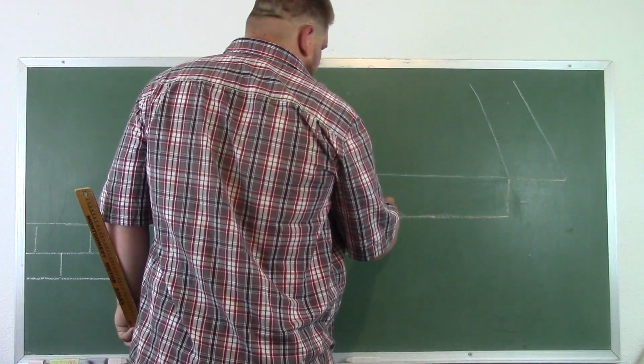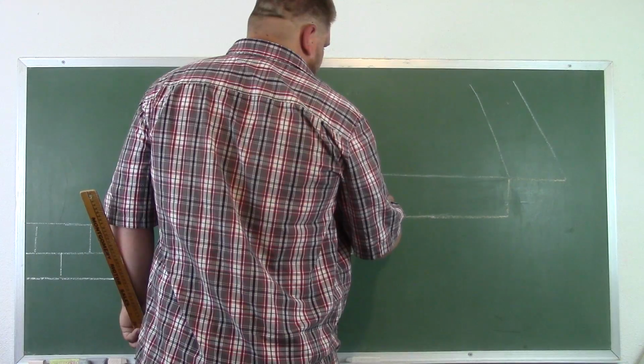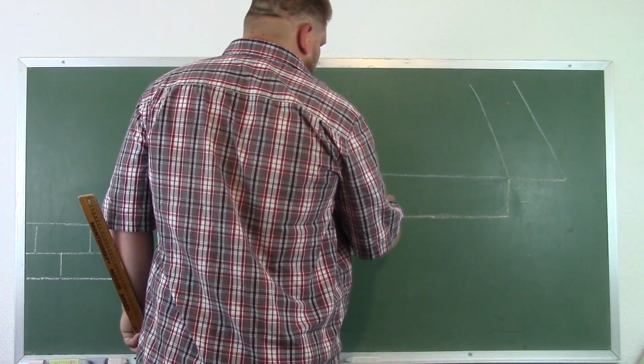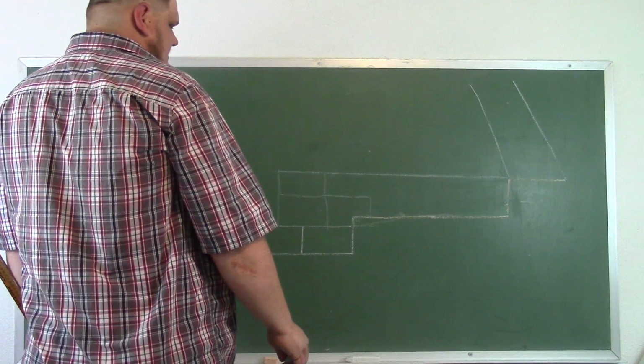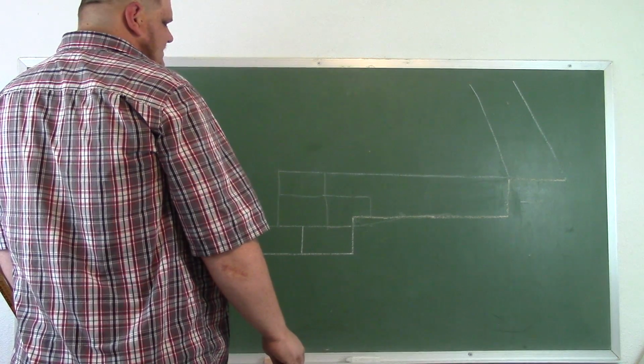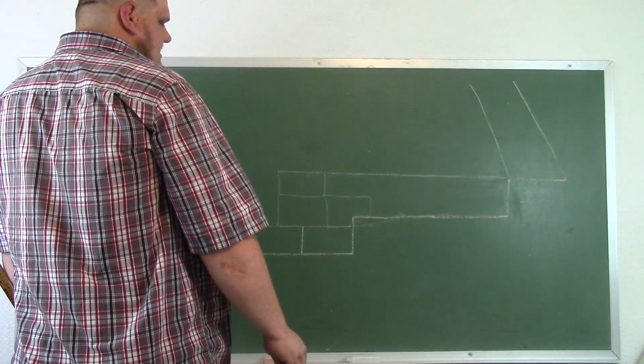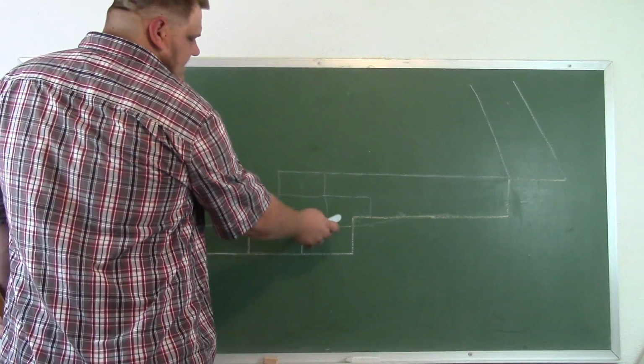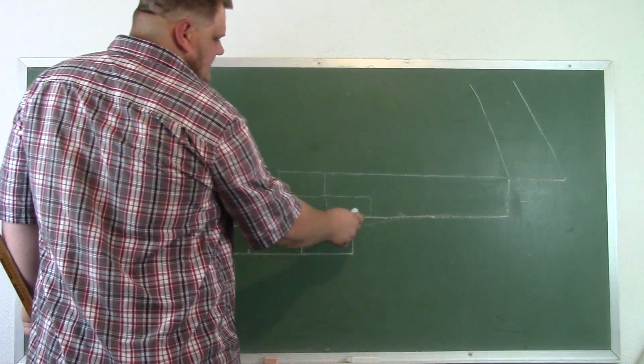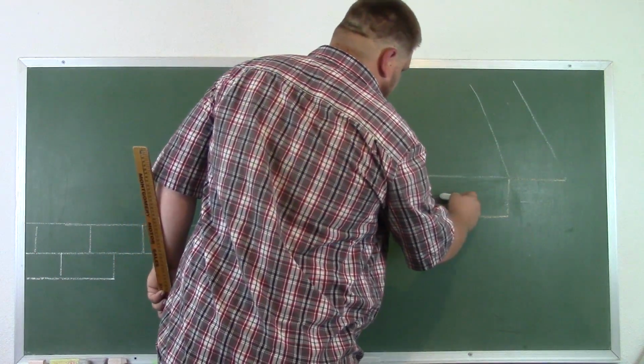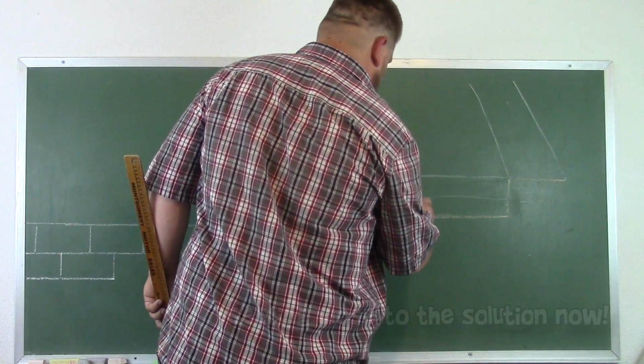Because these blocks will have to, let's see, or I guess what I could do is go ahead and cut a block like this and then lay in the rest of these blocks.